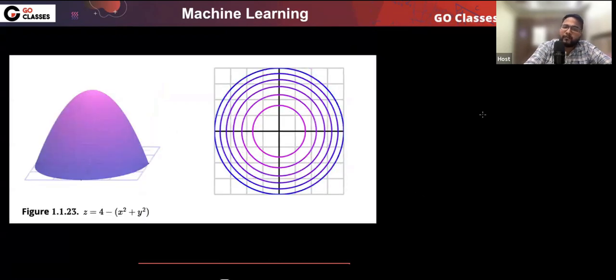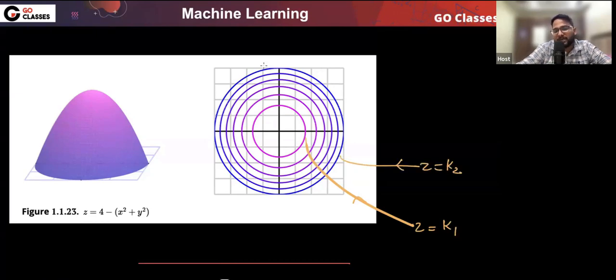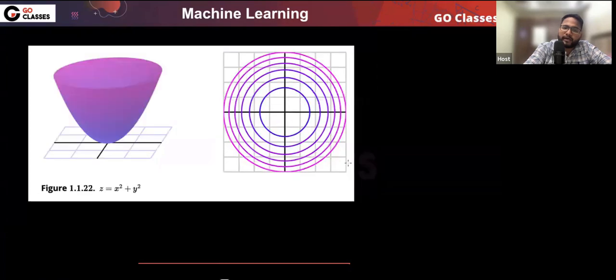Now, suppose the value of z at the innermost circle is k1 and at the outermost circle is k2. At one circle, the value of z will be the same. Do you all agree?